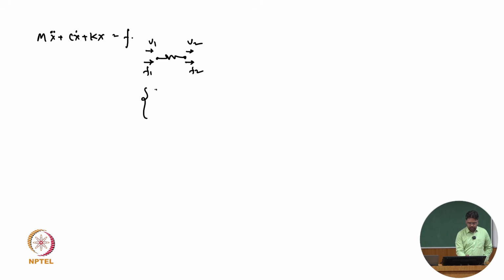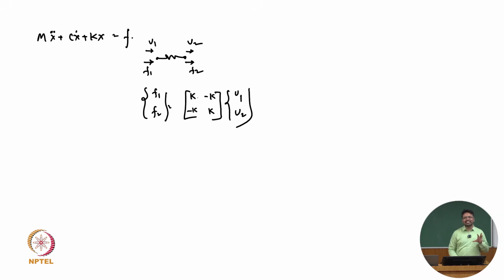Normally we write F1, F2 equal to k, minus k, minus k and k. That is my static stiffness matrix.